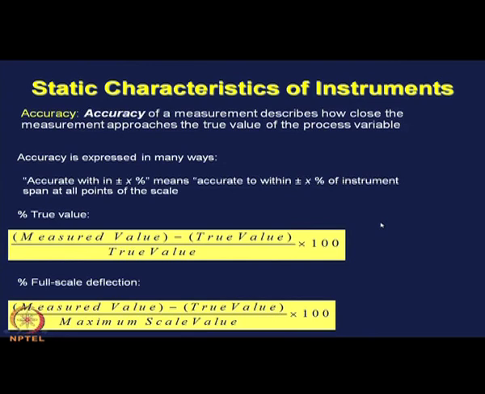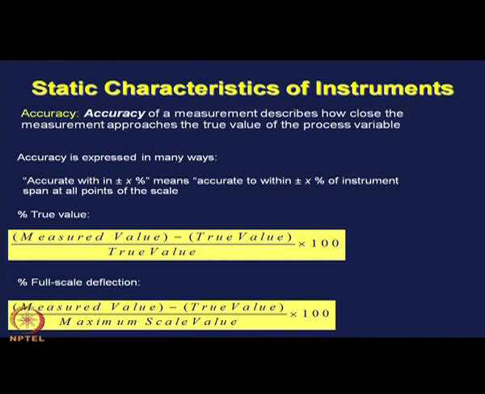Accuracy of a measurement describes how close the measurement approaches the true value of the process variable. So, it is a measure of how close the measured value is to the true value. Accuracy can be expressed in many ways.